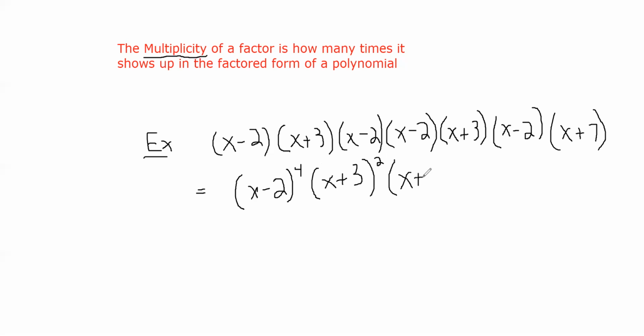So that's just x plus 7. You could say to the 1st power, but you don't have to. So this says that the factor x minus 2, which is the root k equals 2, has multiplicity of 4. And this factor has multiplicity 2. This factor has multiplicity 1.